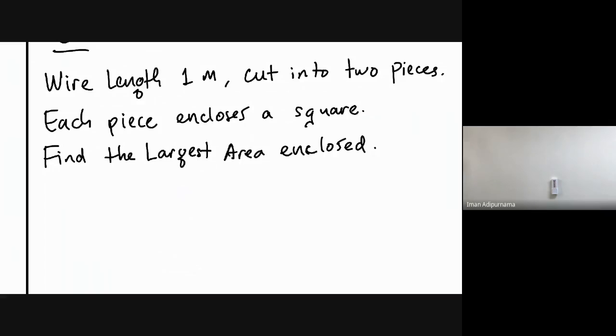See if you can get the idea why this question is actually a little bit different from before. The idea is still the same. You draw the diagram, maybe the wire, cut it and make one of the parts a variable like x, and the other one will be 1 minus x, and then make the squares and find the formula. Let me draw for you.